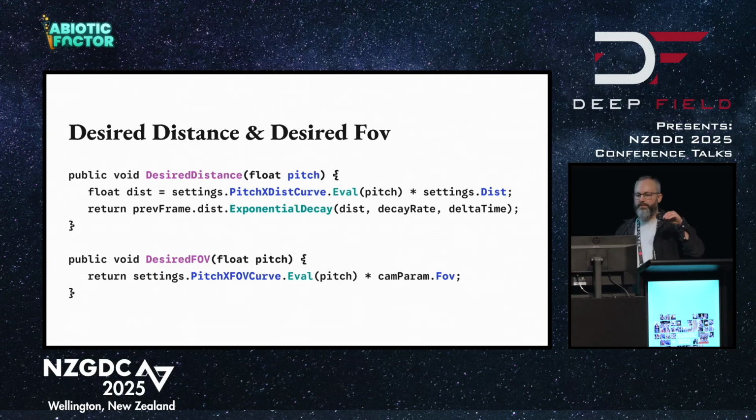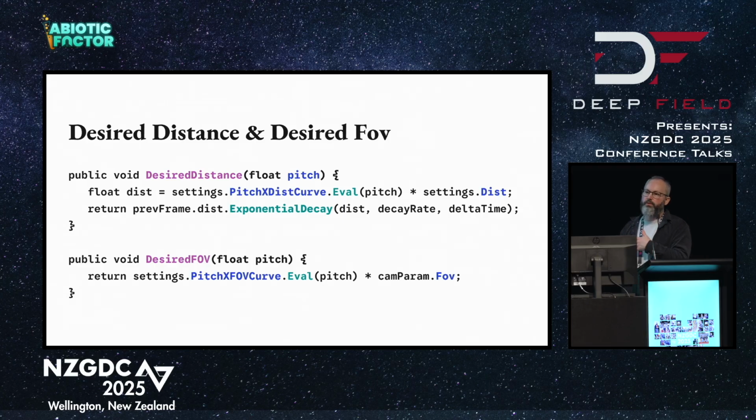And we're not just passing that straight out as the desired distance, we're multiplying a designer set value that is the distance. So the reason why I labor this point a little bit is that you could have your curve just output the distance that you want and leave it at that.